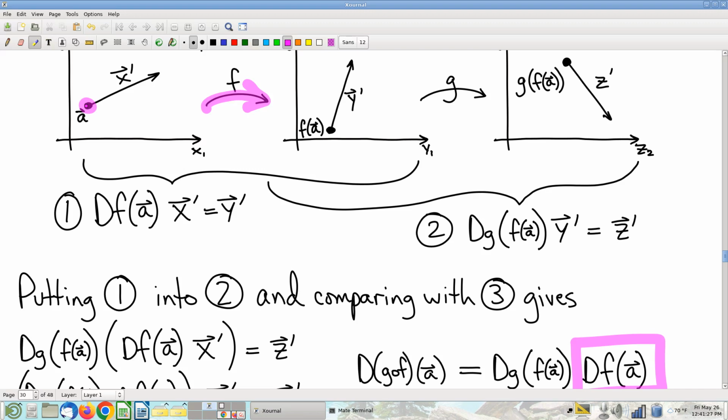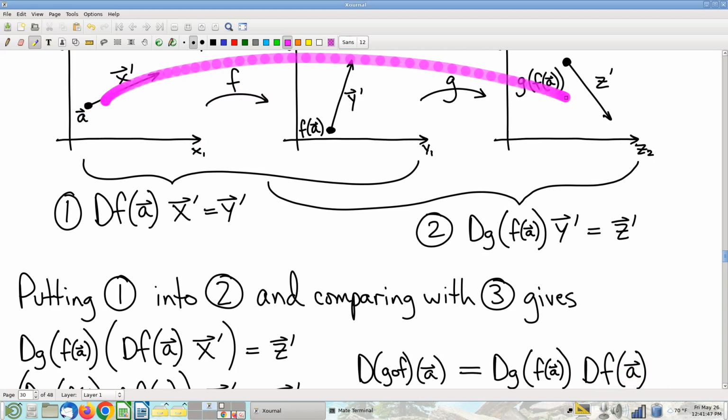It's whatever the values of x1 and x2 are, that point is what we're calling A. So DF is evaluated at the point A. That makes sense? Same thing in single variable calculus, of course. Okay. What about the composition? The composition is also evaluated at the point A, and so the derivative of the composition is also evaluated at the point A. No big deal, right?